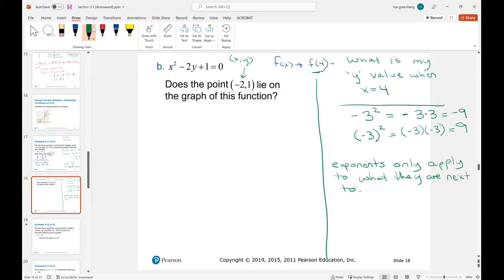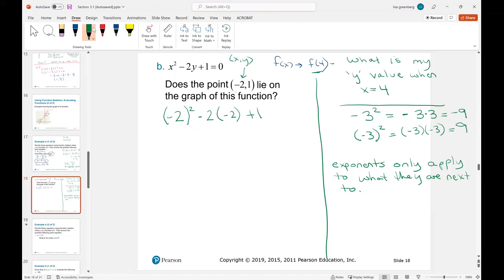So I plug in -2. Well, if I do -2 squared without parentheses, notice it would be negative. But what I'm doing is replacing my x's in parentheses with whatever x is. So it becomes (-2) squared minus 2 times (-2) plus 1.